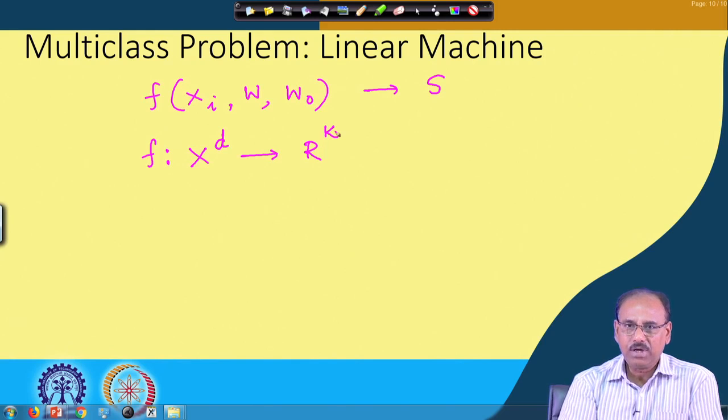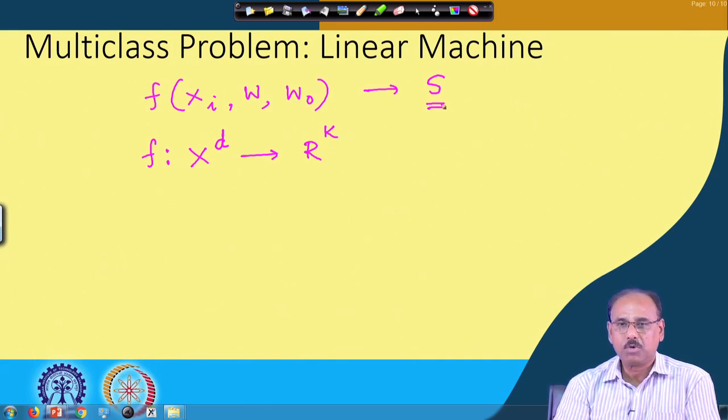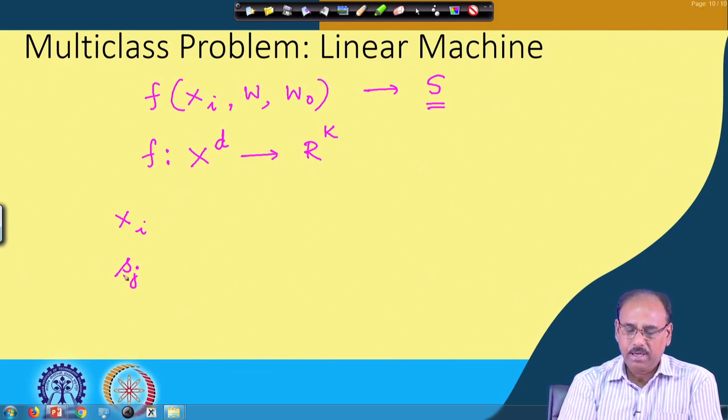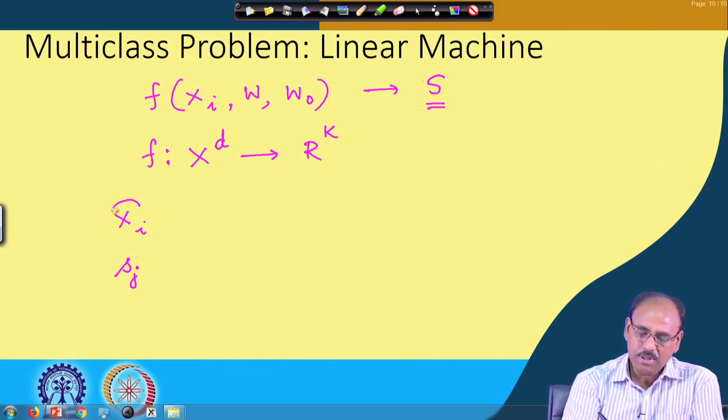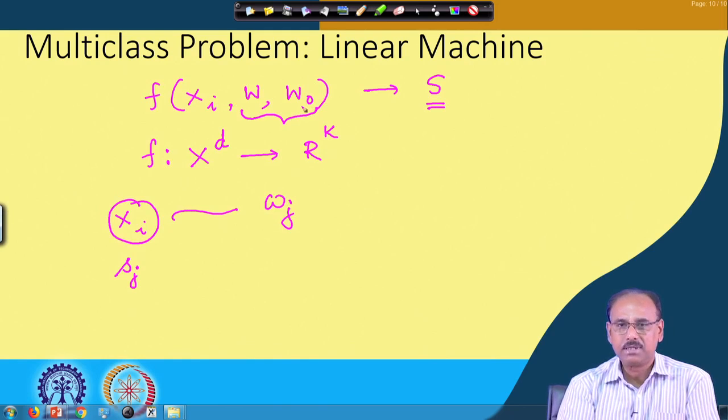And every component of this score vector gives you the score for the corresponding class. So, given my input vector x i, the score component S j tells me the score of this input vector x i for category omega j, as given by the linear machine having the parameters W and W naught. So, this is what the linear machine does.